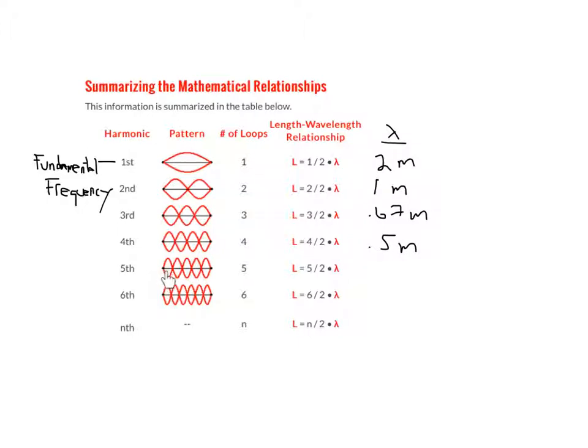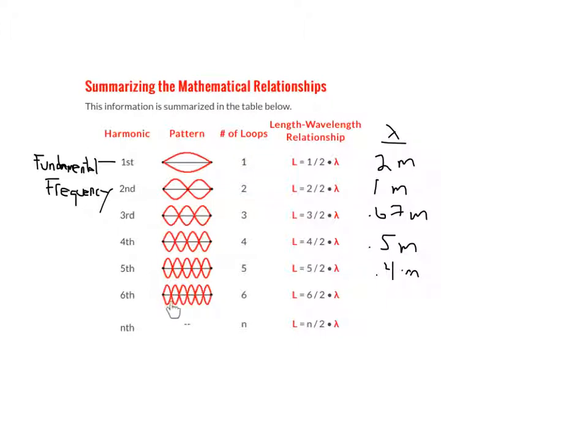In the fifth harmonic, we see there are now 2.5 waves on here. So we see here that we have 1 meter divided by 5 is 0.2. So each half wave is 0.2. So a complete wave on this rope would be 0.4 meters.